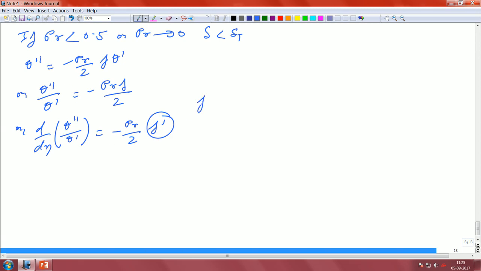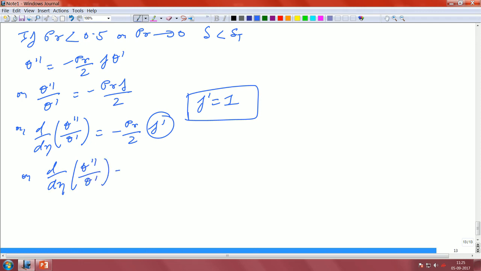Here we can see this f prime is equal to 1 because of the thinness of the velocity boundary layer. For all practical purposes here f prime is equal to 1. Because of that, d by d eta of theta double prime by theta prime is equal to minus Prandtl number by 2.